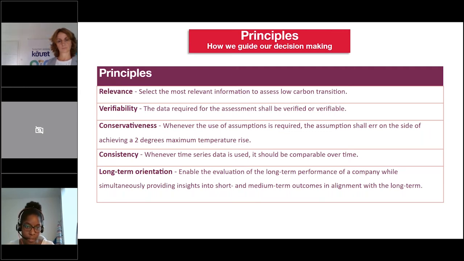That is why ADEME and CDP have defined the ACT principles.